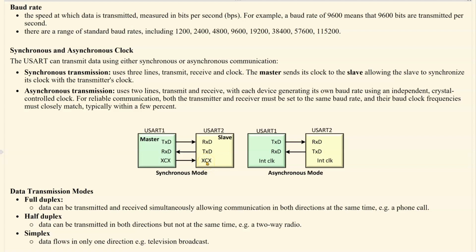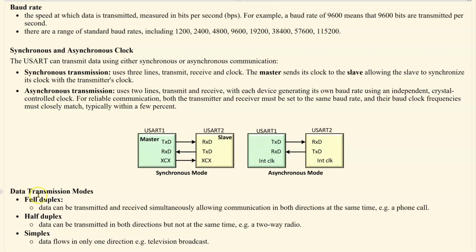Alternatively, we can do asynchronous transmission, where we only have 2 lines, transmit and receive. Each device then generates its own baud rate using a crystal controlled clock. For reliable communication, both the transmitter and receiver must be set to the same baud rate, and their baud clock frequencies must closely match, typically within a few percent.